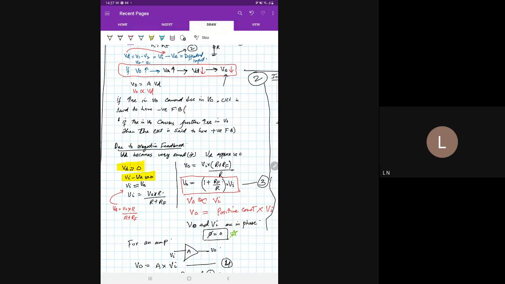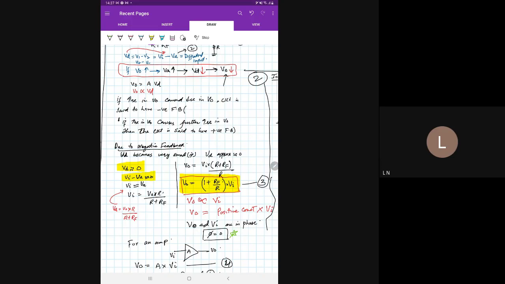If we rearrange this equation to calculate V output, V output can be written as V input into R plus Rf divided by R. We can further write V output equal to 1 plus Rf divided by R into V input.